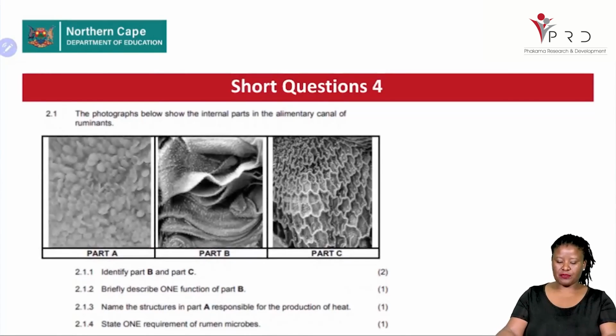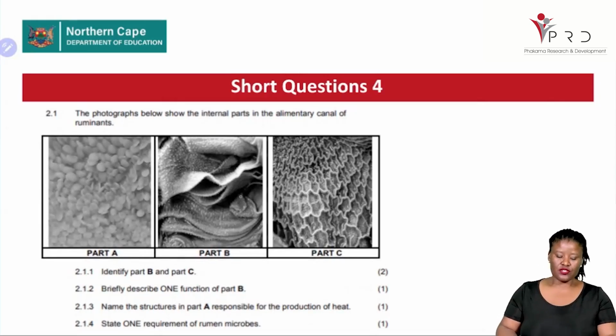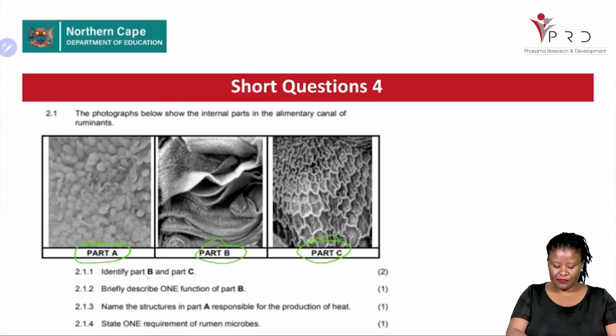The photographs below show the internal parts in the alimentary canal. So now you are given the internal structure as per the exam guideline. You are given part A, part B, and part C. Identify part B and C. So what is important here? You are guided by the instruction that this is the alimentary canal of ruminants.